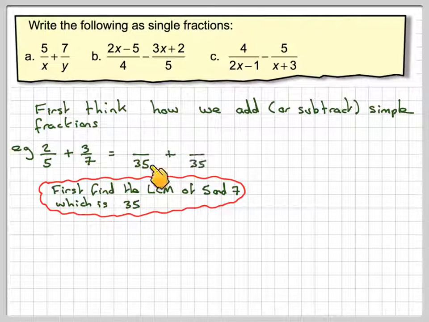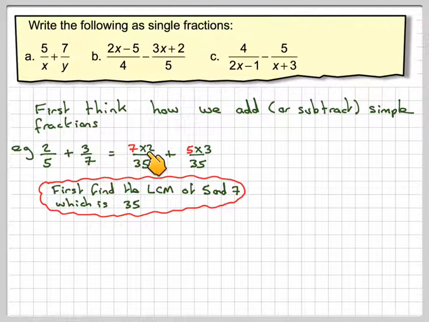So we write out our two fractions now out of 35. Now, to get this one out of 35, we've had to multiply by 7. So here we need to do 7 times 2. So we need to multiply the numerator by 7, and here we've multiplied the denominator by 5, so we're going to need to multiply this one by 5 as well.